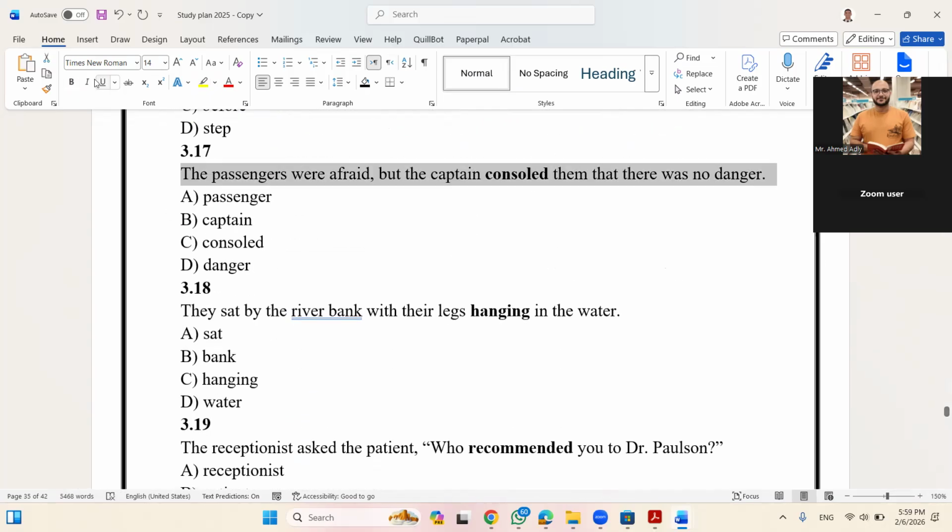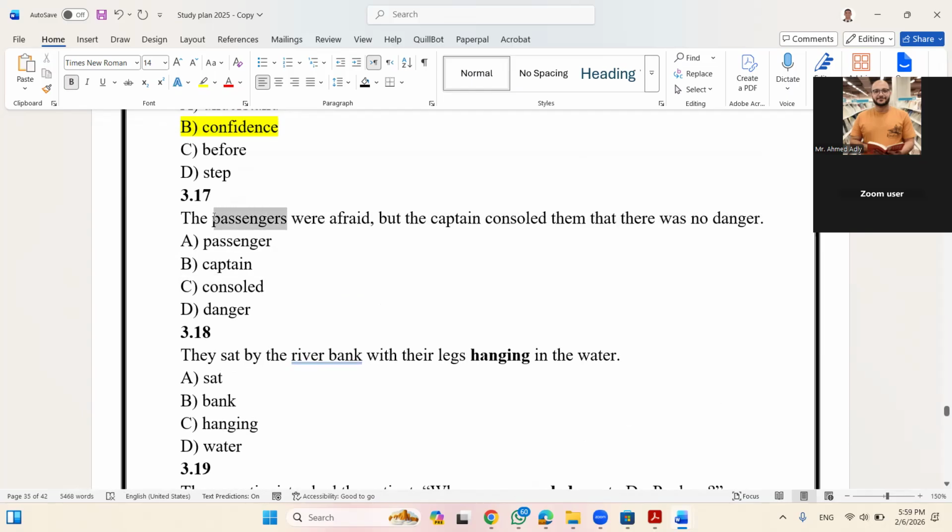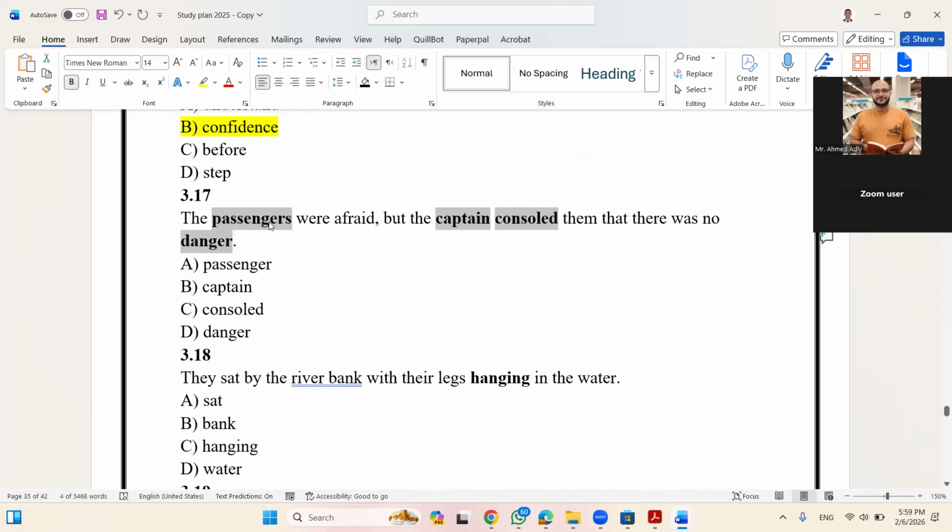The passengers were afraid, but the captain consoled them that there was no danger. Which one does not fit the context here? Consoled. Replace it with assured them.